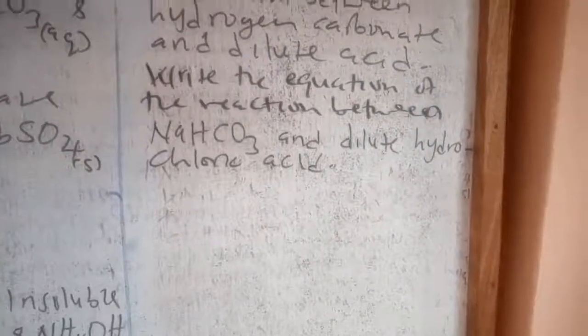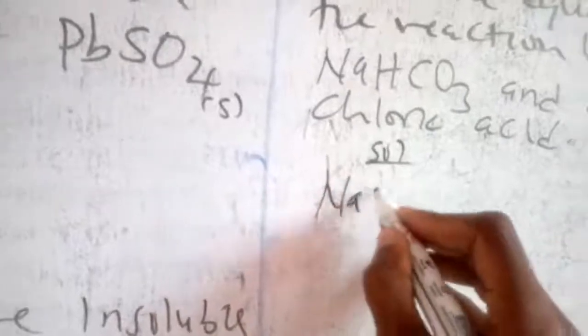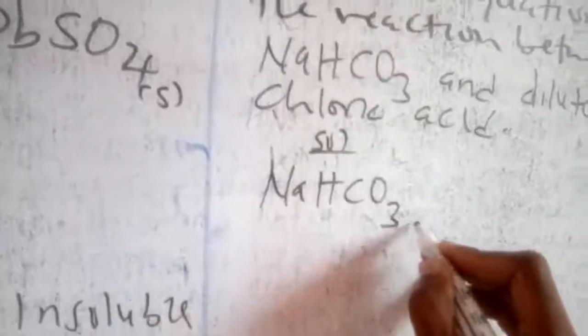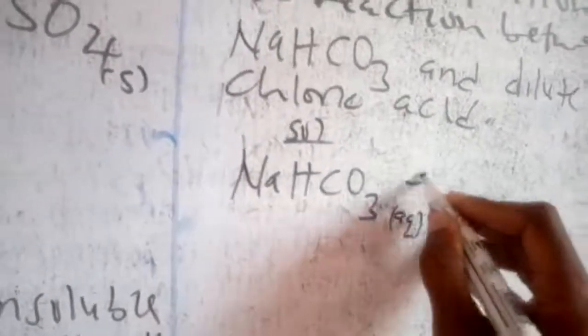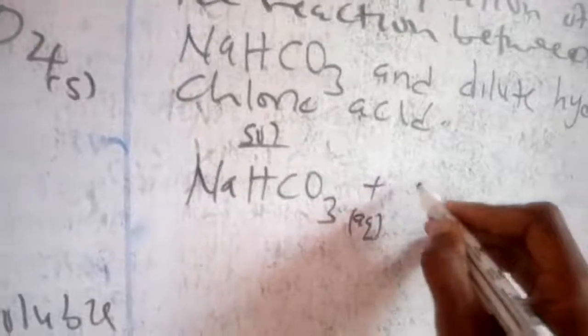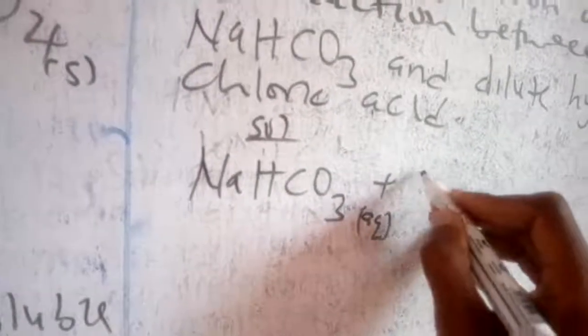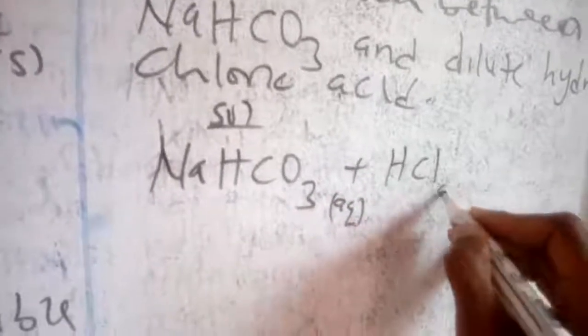And what are you supposed to do? You're supposed to write the reactant side, that is sodium hydrogen carbonate, that you can write as aqueous. Then you react it with dilute acid, that is hydrochloric acid, HCl, aqueous.